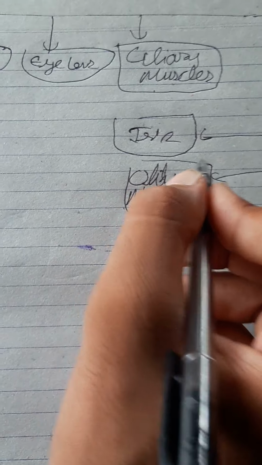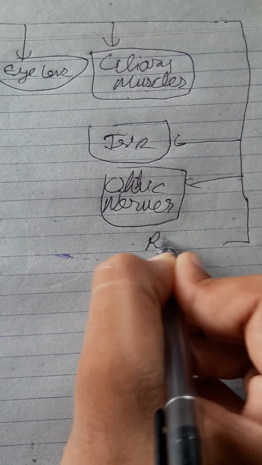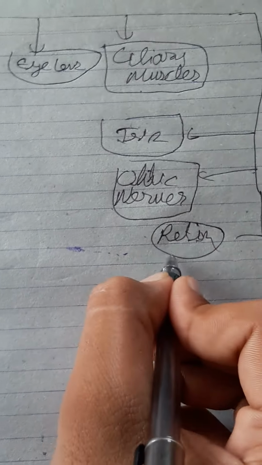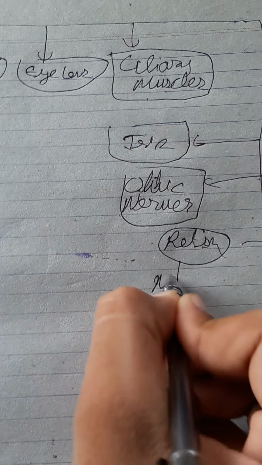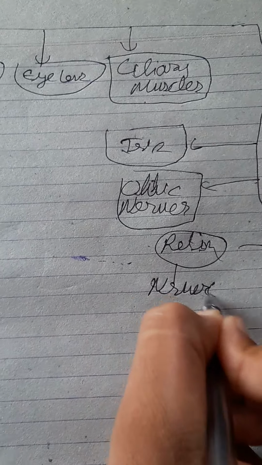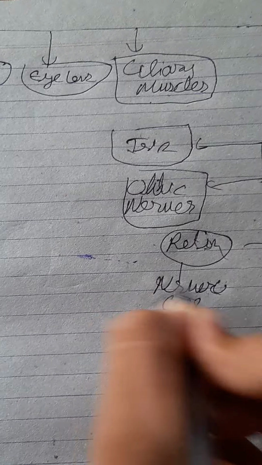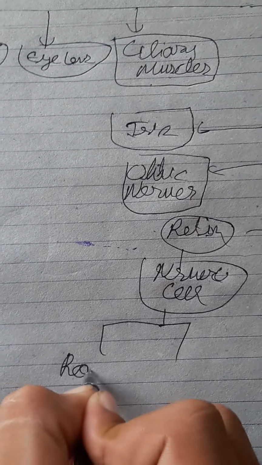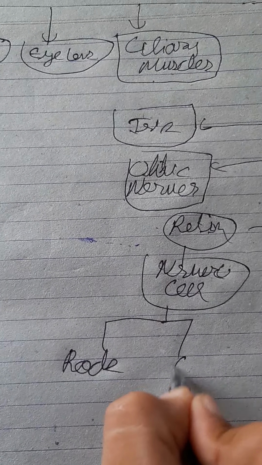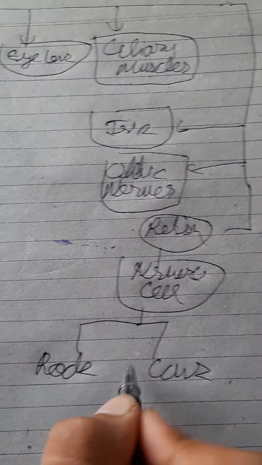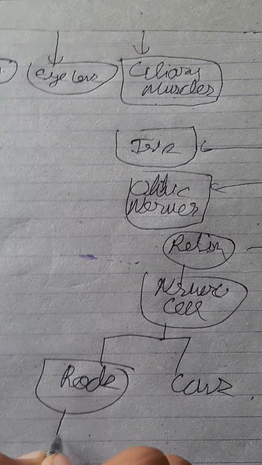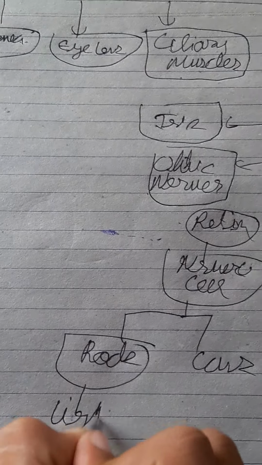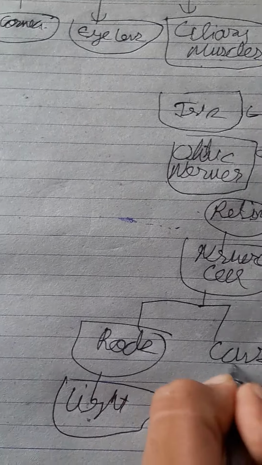And then there is the retina. The retina contains nerve cells of two types: rods and cones. The rods are for light sensing, and the cones are for color sensing.